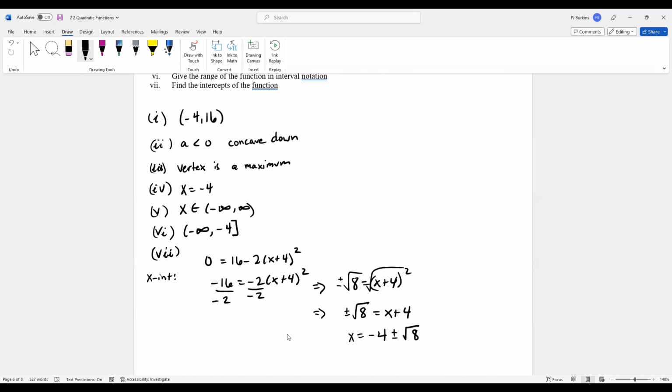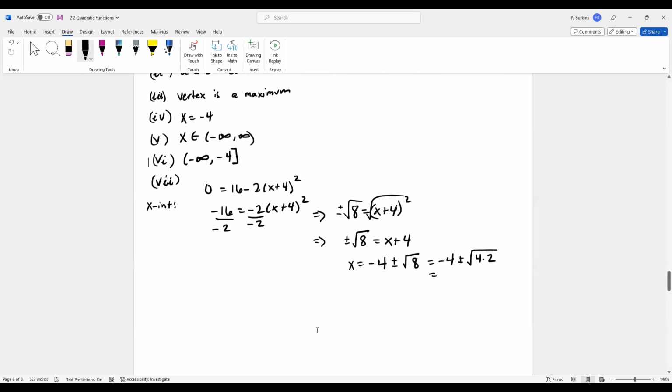And then 8 is 4 times 2, so I can make that 2 root 2. Okay. So plus and minus 2 root 2 minus 4.